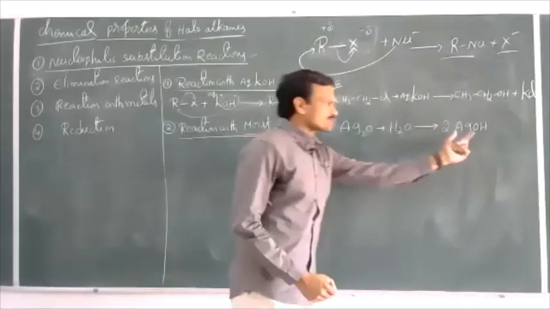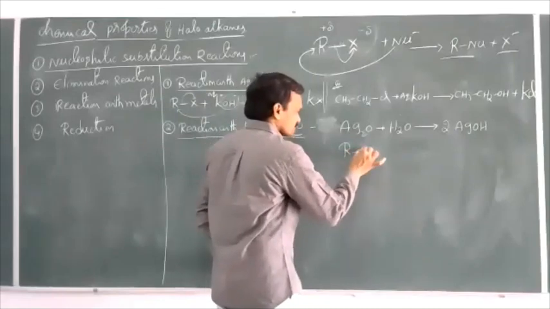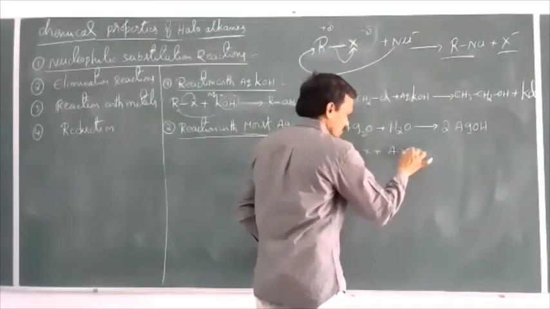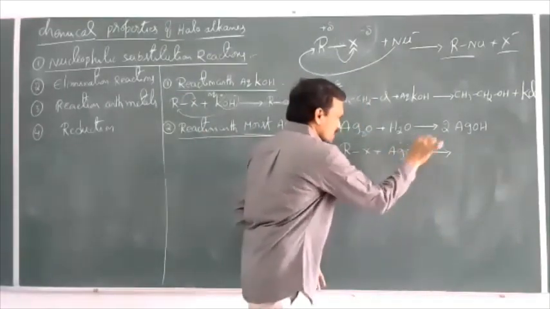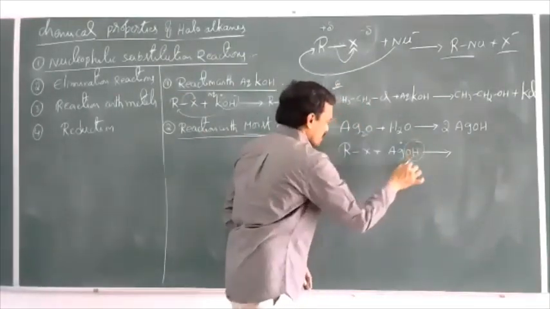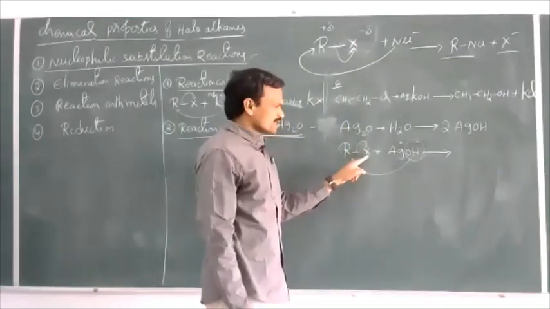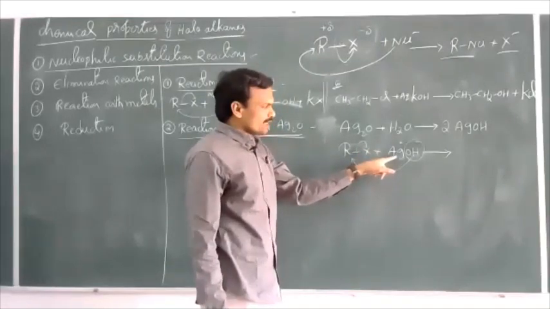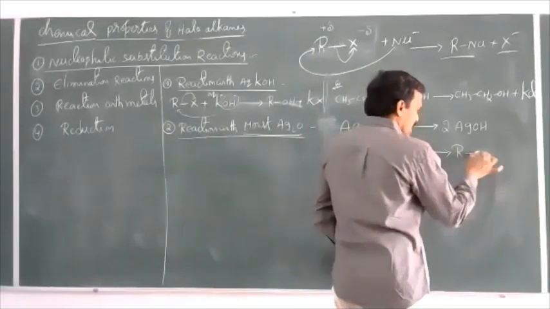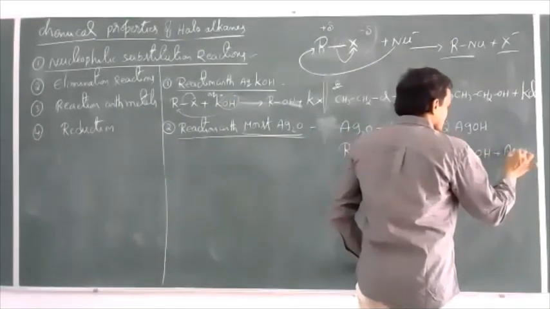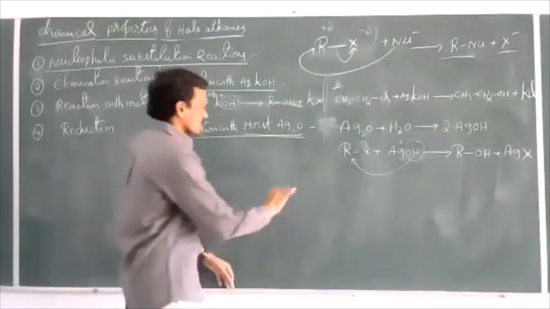And this silver hydroxide that is formed here will react with haloalkane RX plus AgOH. Then what happens here? Same just like earlier. This is Ag plus and OH minus. This OH minus attacks this alkyl group and X minus will be replaced. The replaced X minus and the remaining Ag plus combine to form silver halide. So we can get ROH plus AgX. This is the product. Now let us see an example for this.